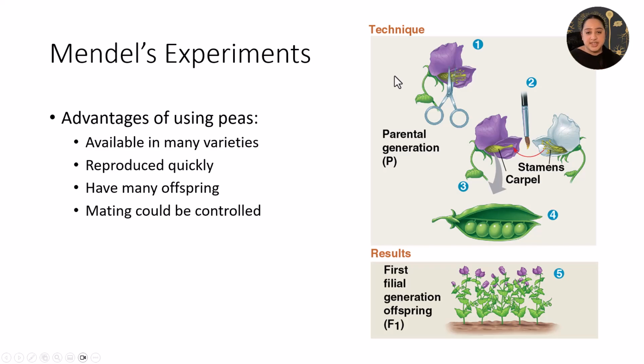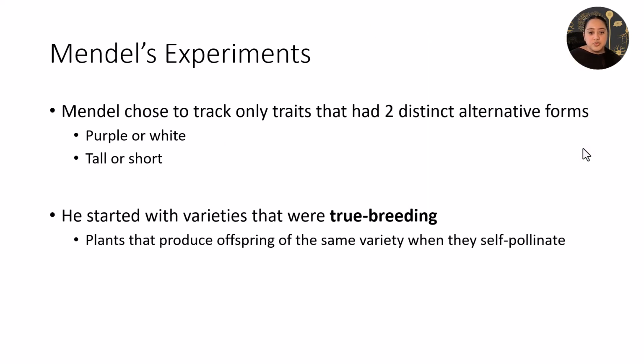It only has more of the same exact kind. And then same for this white flower. If he had let them self-pollinate, then it would only ever give white flowers. So throughout these lectures, if something says true breeding, it just means if you let it self-pollinate, it'll only ever have the same kind. So plants that produce offspring of the same variety when they self-pollinate.